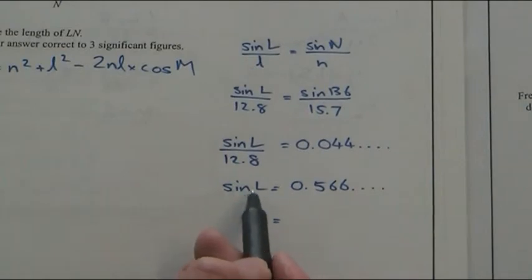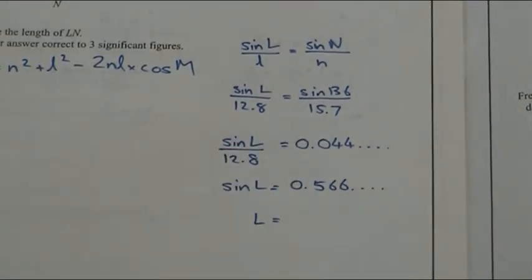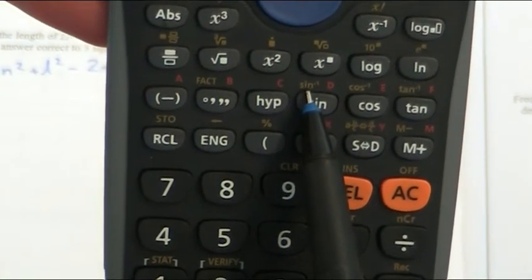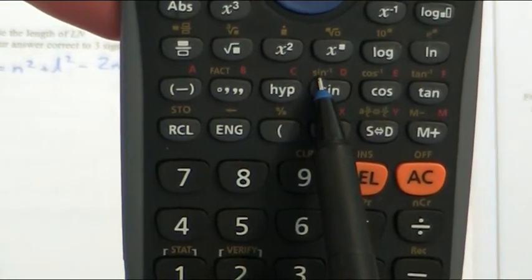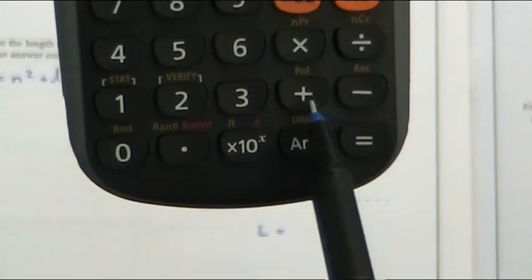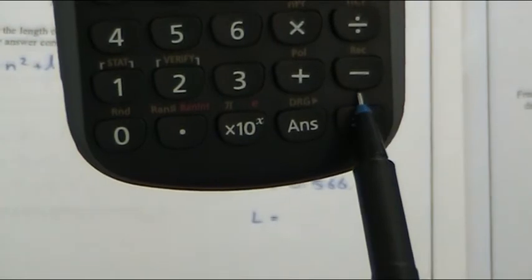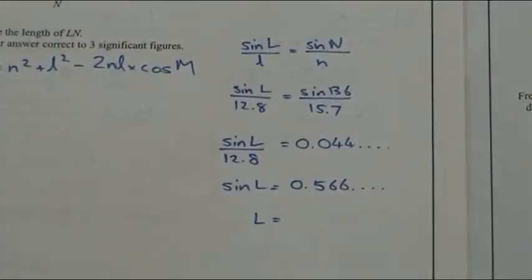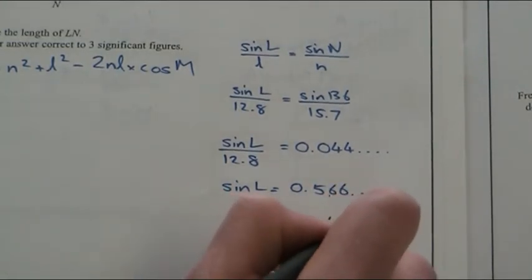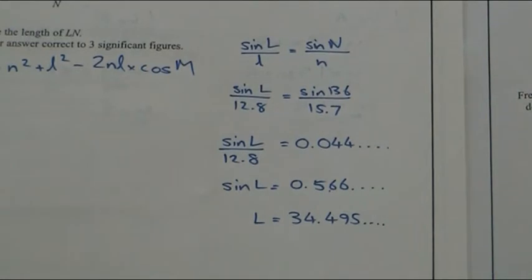But to get rid of this sine, you have to use the inverse sine, which you can see on a calculator is located above the sine button. This is the inverse of sine. It's next to it, like times and dividing, they're the inverse, they're next to each other. So you press shift to get that yellow writing on mine, so shift sine of my answer, so again, we're not typing in all of this, hit equals, and we get 34.495, and so on.